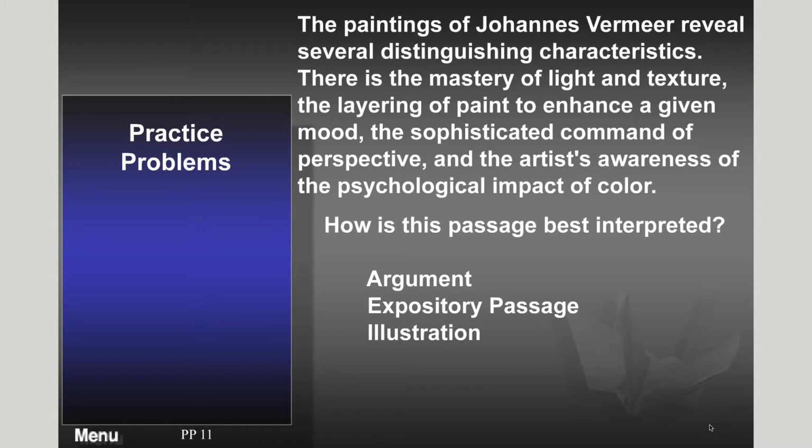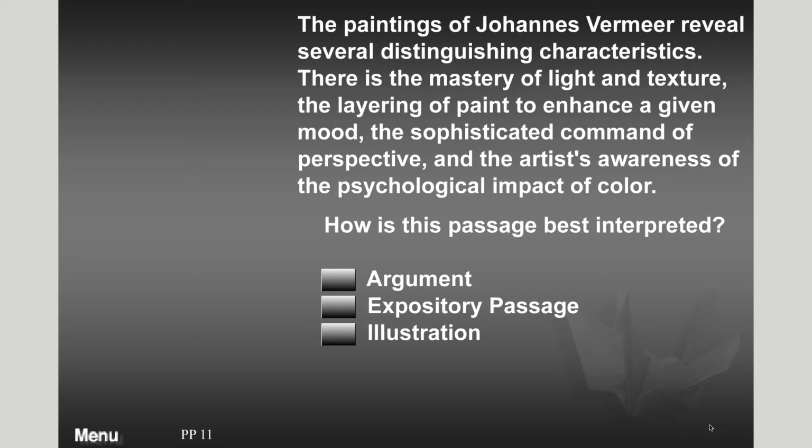The paintings of Johannes Vermeer reveal several distinguishing characteristics. There is the mastery of light and texture, the layering of paint to enhance a given mood, the sophisticated command of perspective, and the artist's awareness of the psychological impact of color. So how should we best interpret this passage? On the one hand, it doesn't seem to lead to a conclusion. There is no therefore.